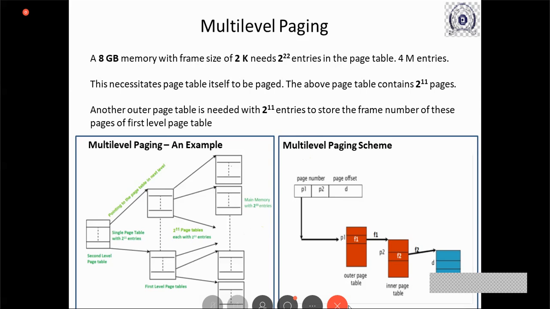So this is the scenario where we have unused space in memory, but we cannot allocate this space to the program just because it is not contiguous. That is the external fragmentation. So it's not internal to any page or any segment.